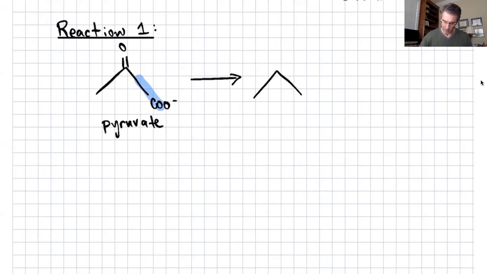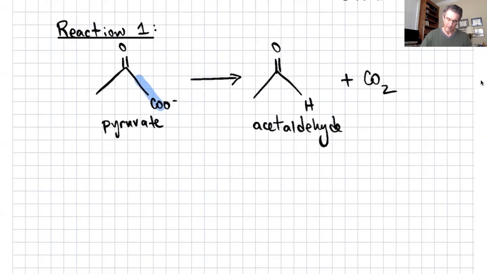And we're going to turn this into an aldehyde, specifically acetaldehyde. The enzyme that runs this reaction is known as pyruvate decarboxylase.